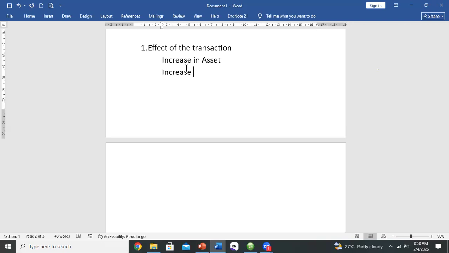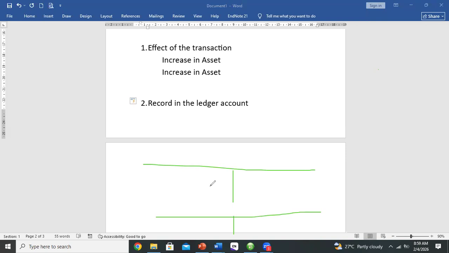That's what they want you to do. But if the question says record in the ledger account, then they want you to now open the account. You open the T account like this, and based on your analysis, you debit or credit in that order with the date, the details and amount, and I think all of us have done that before, right? So we are very comfortable.